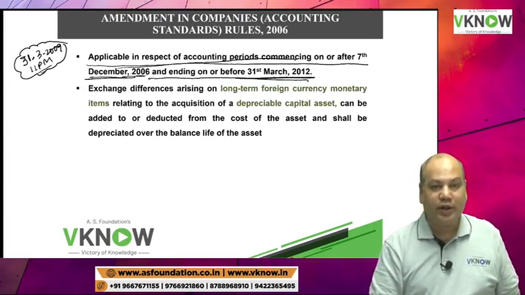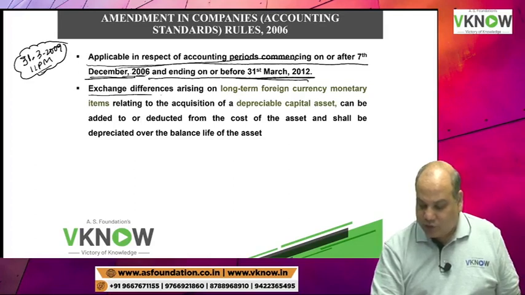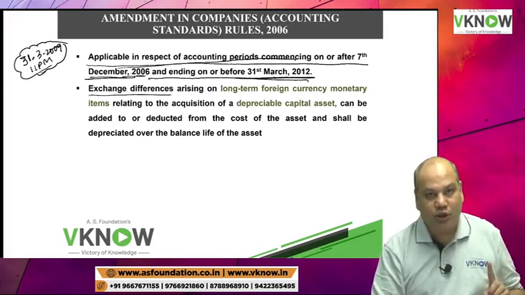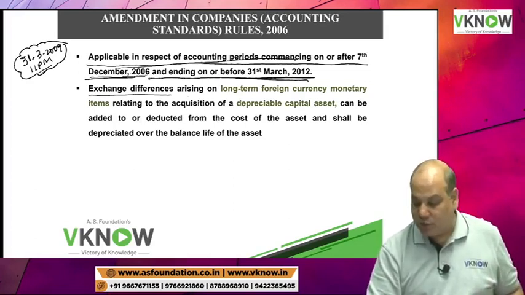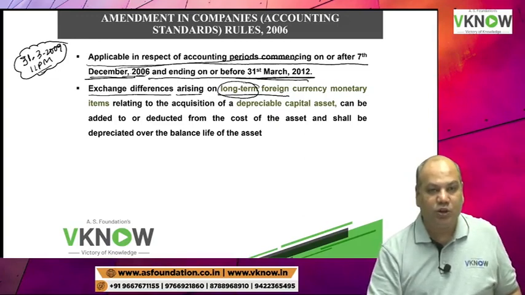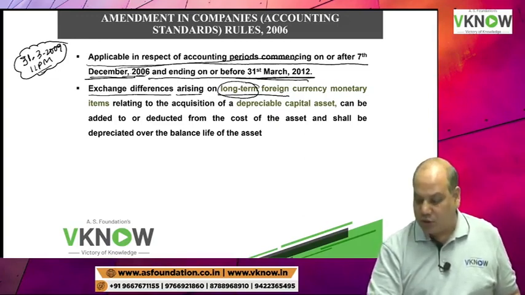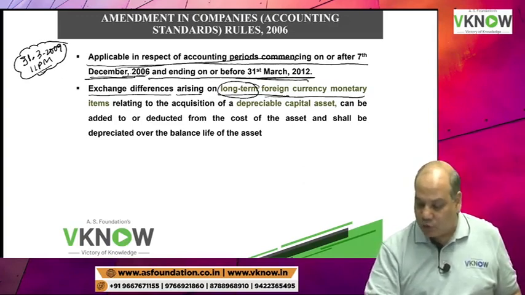So what was the treatment? The treatment was that if exchange difference, as per this notification, arises on long term, that means this notification is applicable only for long term item, not for short term item, long term foreign currency monetary item.